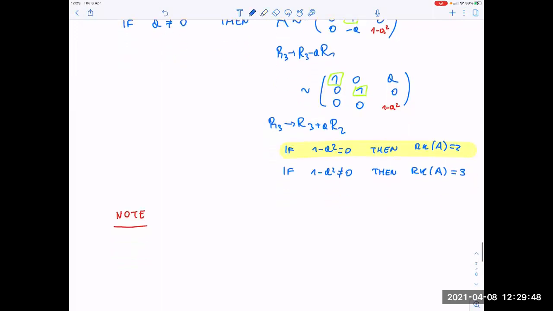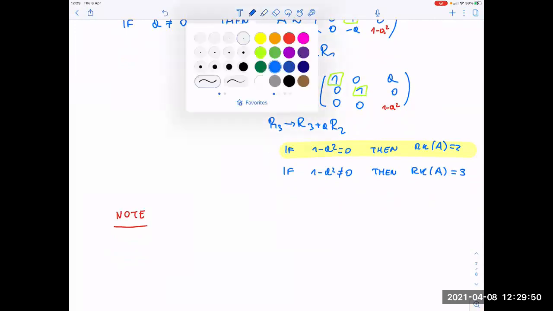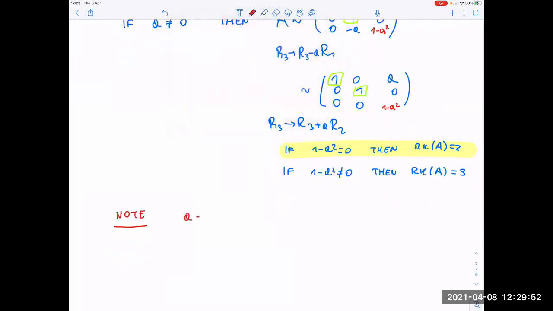And this is actually pretty clear, because if A is 1, then the matrix has the shape 1, 0, 1, 0, 1, 0, 1, 0, 1. So you see that there are two rows which are equal. So when you do elementary row operations, for sure, you clean up one of them.